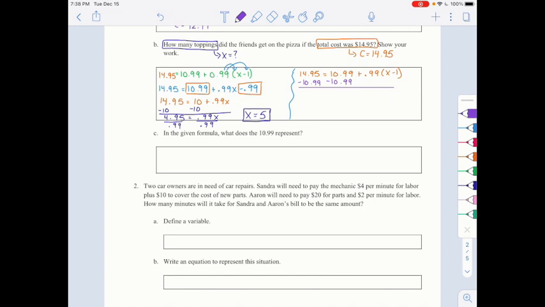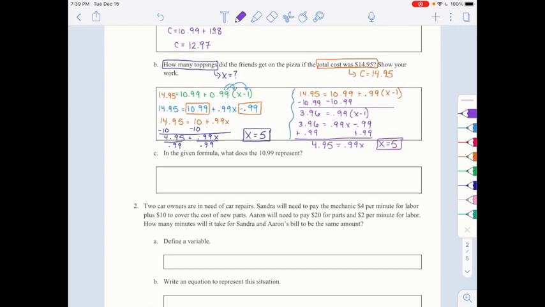I like to get rid of my parentheses first, but subtracting here is not wrong. Then you can distribute. Add 0.99 to both sides. And then you'll be at the same last step as we were prior. So either way you decide to do it, you get x equals 5. And either way is totally acceptable.